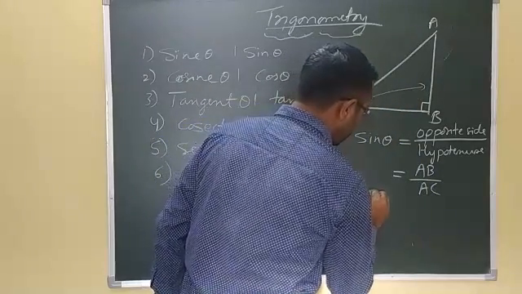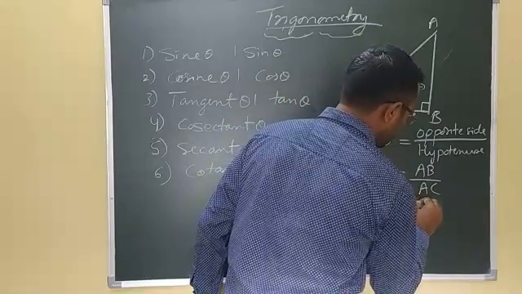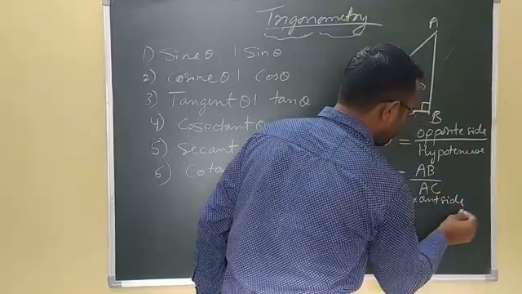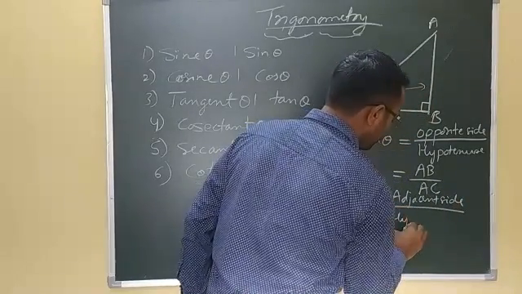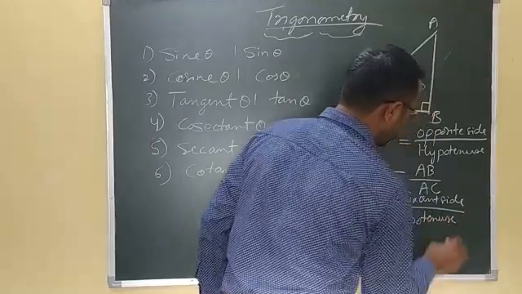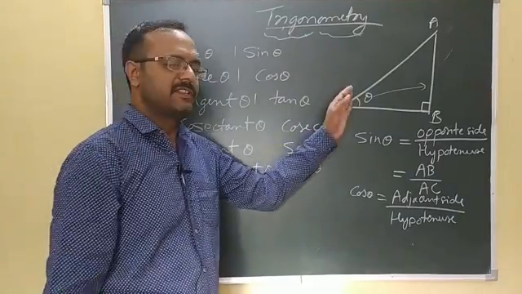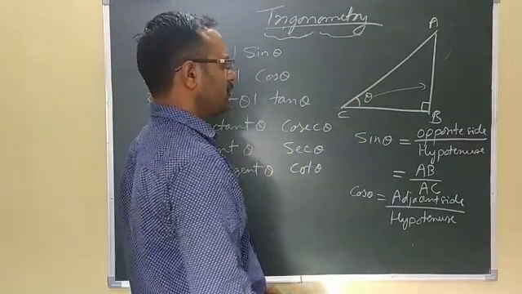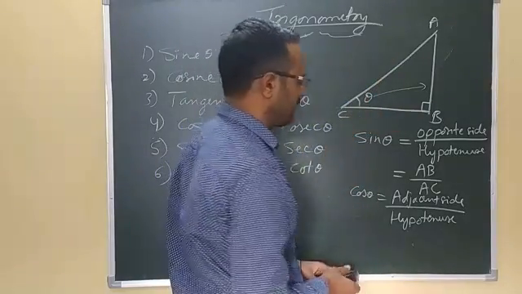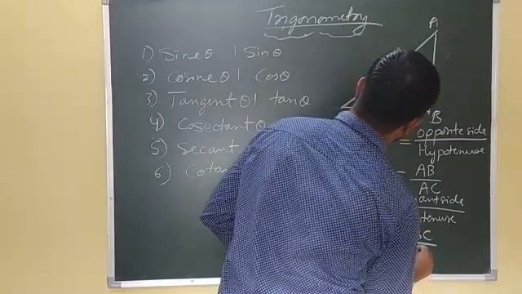Now cos theta is equal to adjacent side upon hypotenuse. Here also the adjacent side will be the side which is adjacent to theta. So except this hypotenuse, you have to take the other side, that is BC, and the hypotenuse is AC.